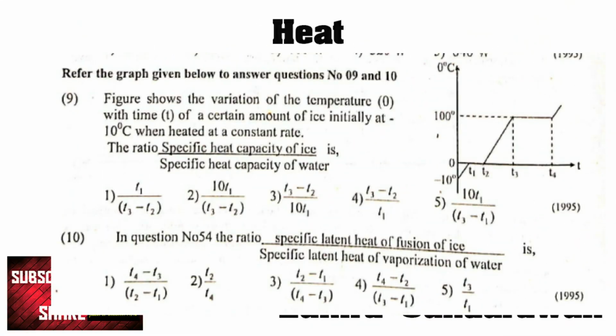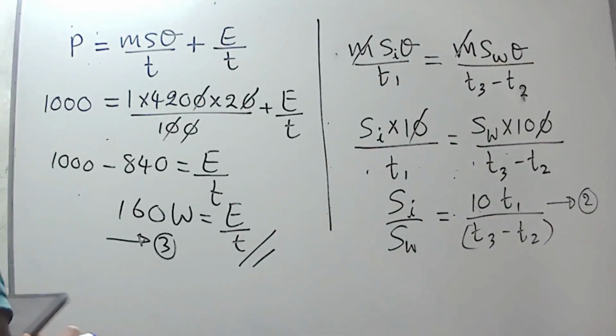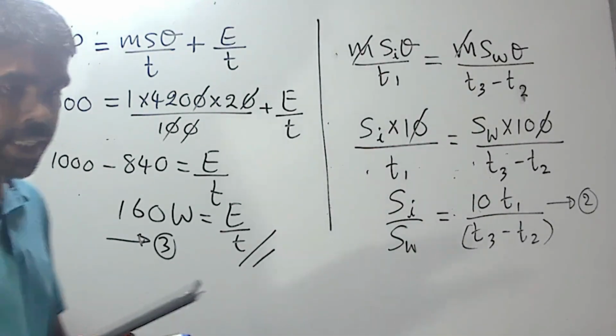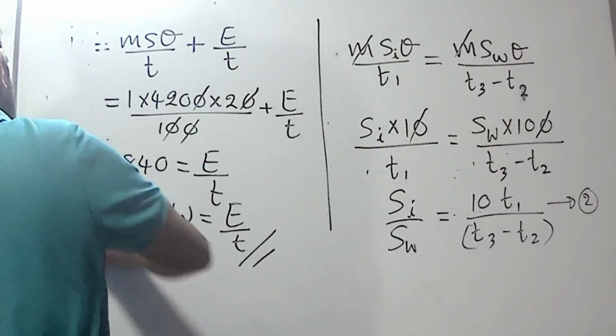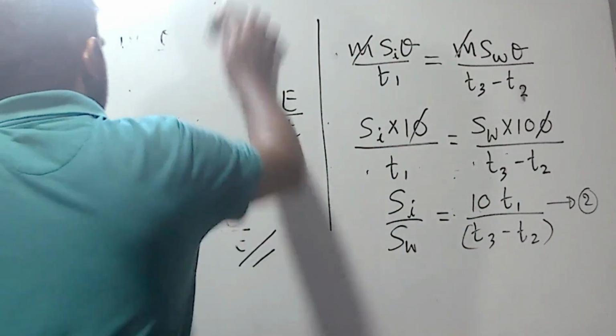It is also related to the previous graph. The ratio asked is the specific latent heat of fusion of ice divided by the specific latent heat of vaporization of water. When finding specific latent heat, we have to get the time interval corresponding to the phase change.